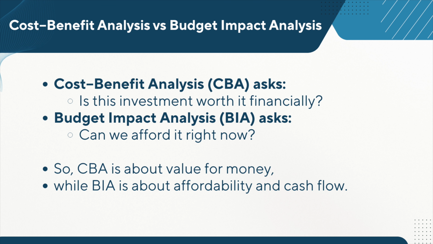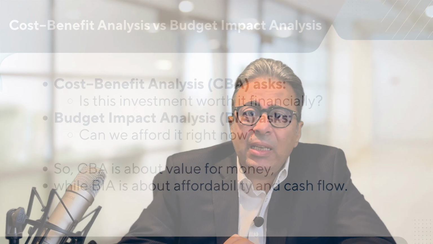Let's now look at how cost-benefit analysis differs from budget impact analysis, which we discussed in our previous episode, and how both can be used in healthcare investment decisions. Let's approach it this way. Cost-benefit analysis asks if the investment is worth it financially. It measures both costs and benefits in money terms to see if the benefits outweigh the costs.